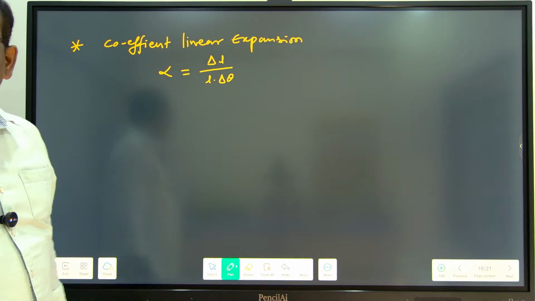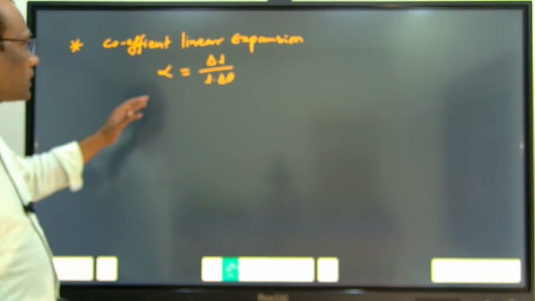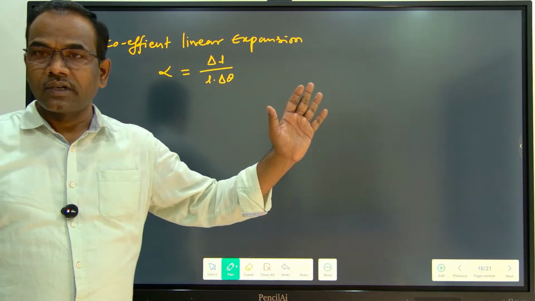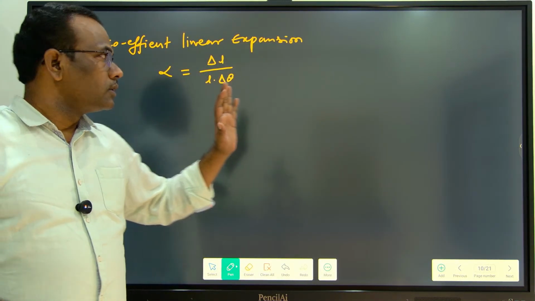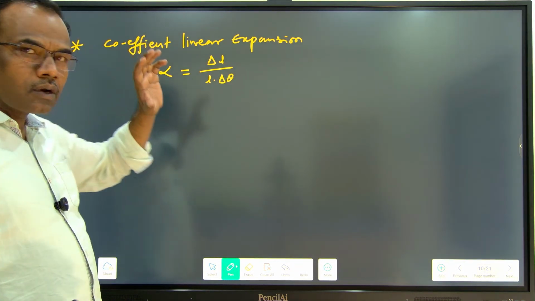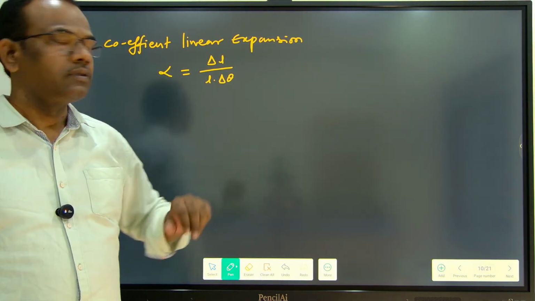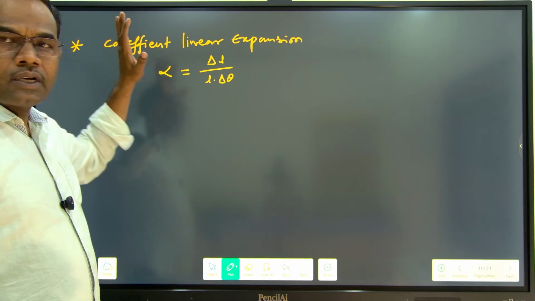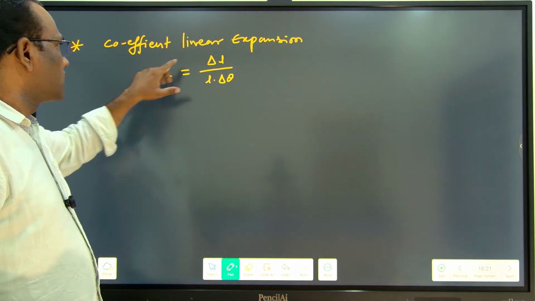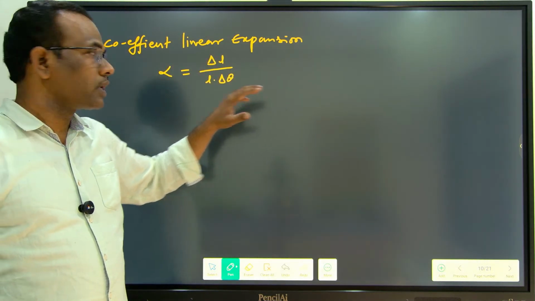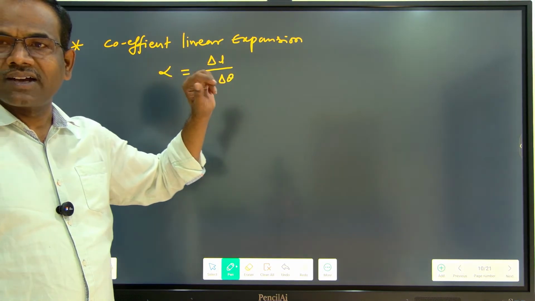Okay, this is the formula. In case we increase the temperature of the rod, the length of the rod is increasing when we define the coefficient of linear expansion. Okay, take alpha.